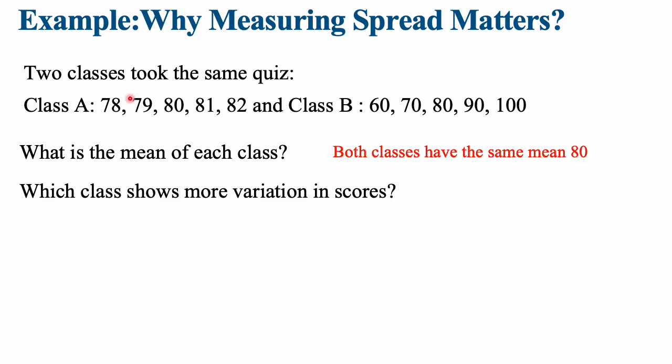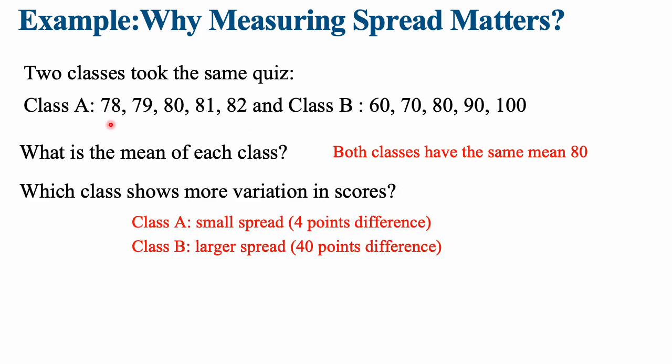Class A, minimum is 78, maximum is 82. Class B, minimum is 60, highest score is 100. So you're going to say class A has only a 4-point difference between lowest and highest.